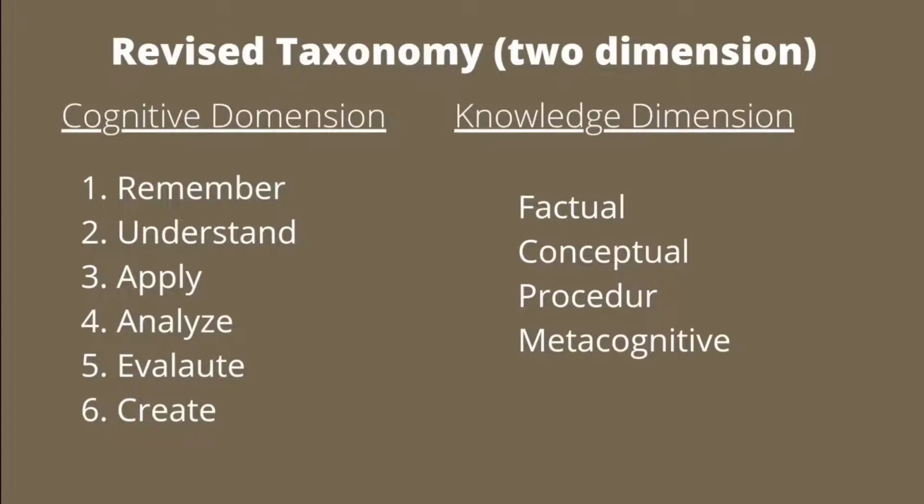In the revised taxonomy, we have two dimensions, the cognitive dimension and the knowledge dimension. Under the cognitive dimension, we have remember, understand, apply, analyze, evaluate, and create. Under the knowledge dimension, we have factual, conceptual, procedural, and metacognitive.